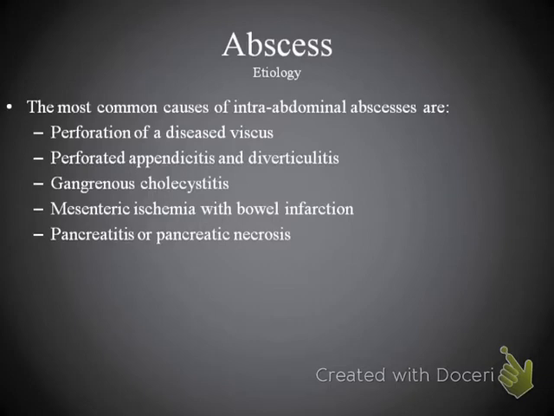So you have at some point in time a diseased portion of the colon, and this colon actually ruptures, and the abdominal contents spill out, and then before things are cleaned up, before perhaps anything is actually realized, it starts setting up an abscess. We also see perforation of an appendix or diverticulitis.